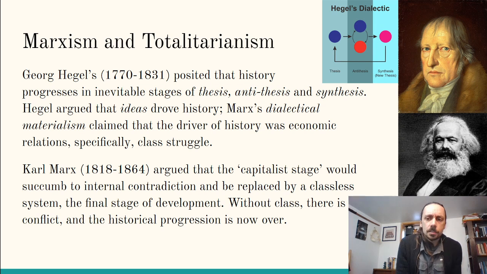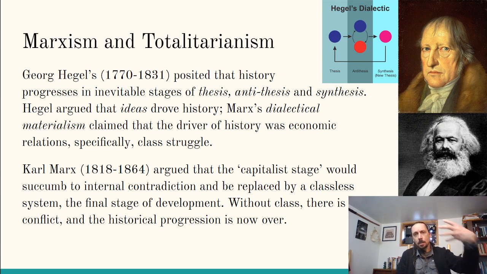So the roots of Marxism go back to a philosopher called Hegel. Now, nobody remembers Hegel today almost outside of an influence on Marx. Hegel had a view that history progressed in inevitable stages. History has stages. The stages go a little bit like this. You start with a thesis, which is like an idea, the guiding idea of the age. The thesis eventually results in an antithesis.